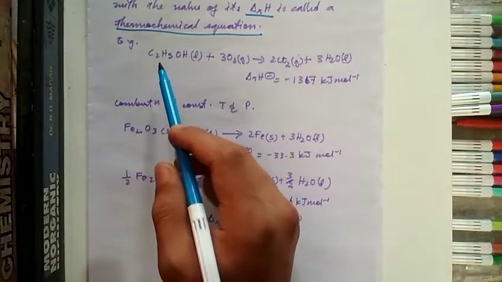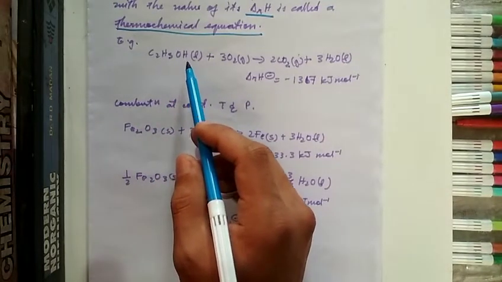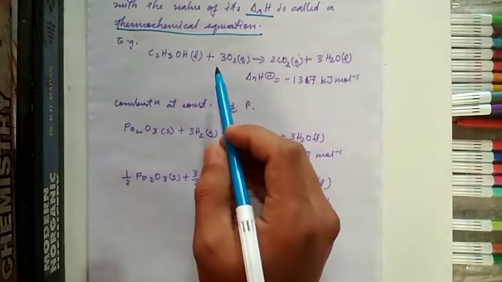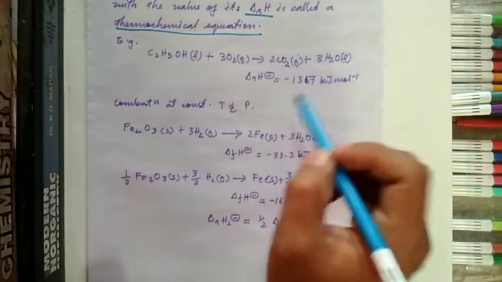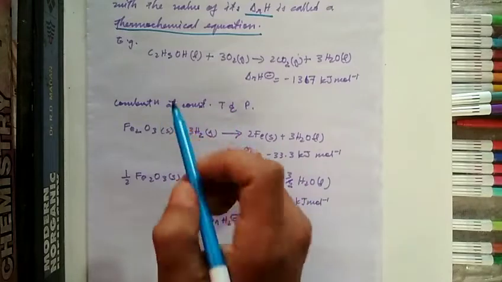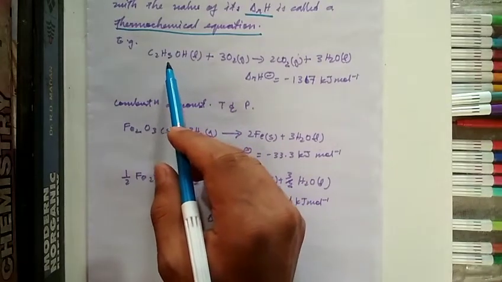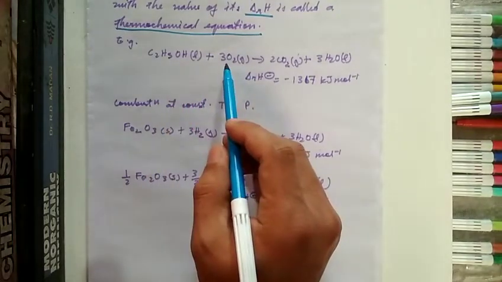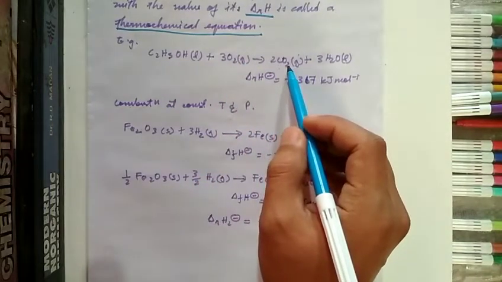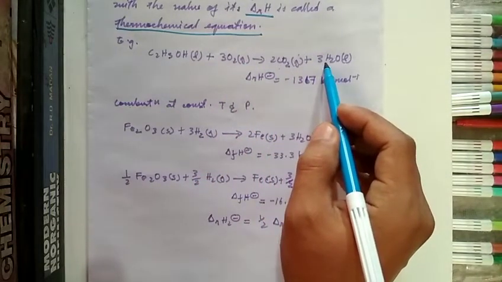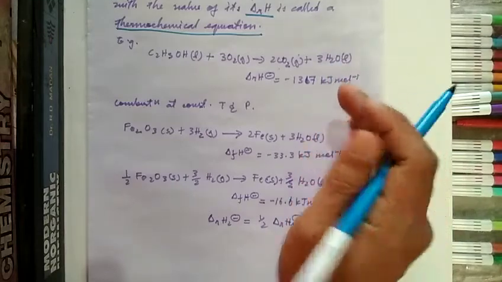C2H5OH, ethanol, reacts with oxygen to give carbon dioxide and water. In this case 1 mole of ethanol reacts with 3 moles of oxygen to give 2 moles of carbon dioxide and 3 moles of water.